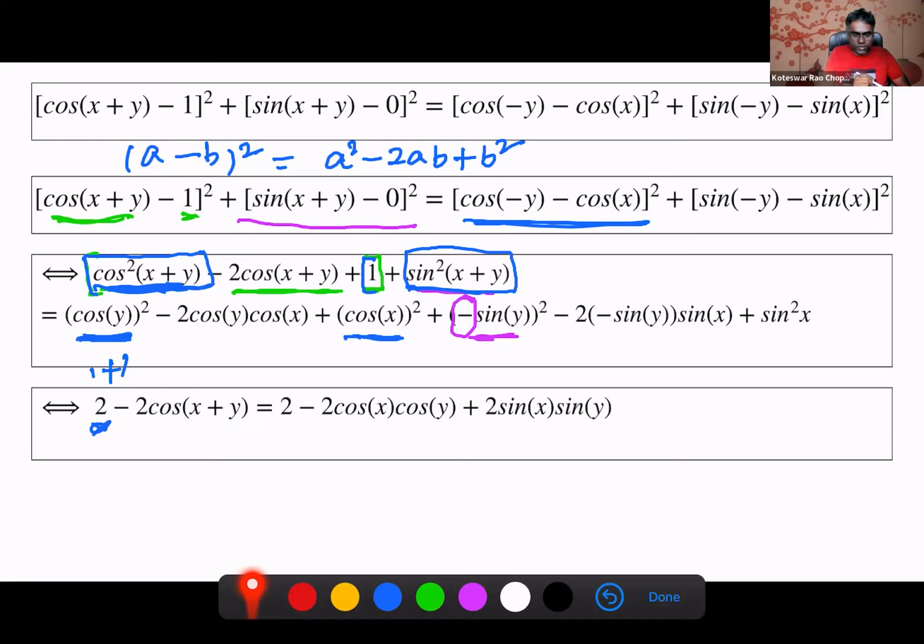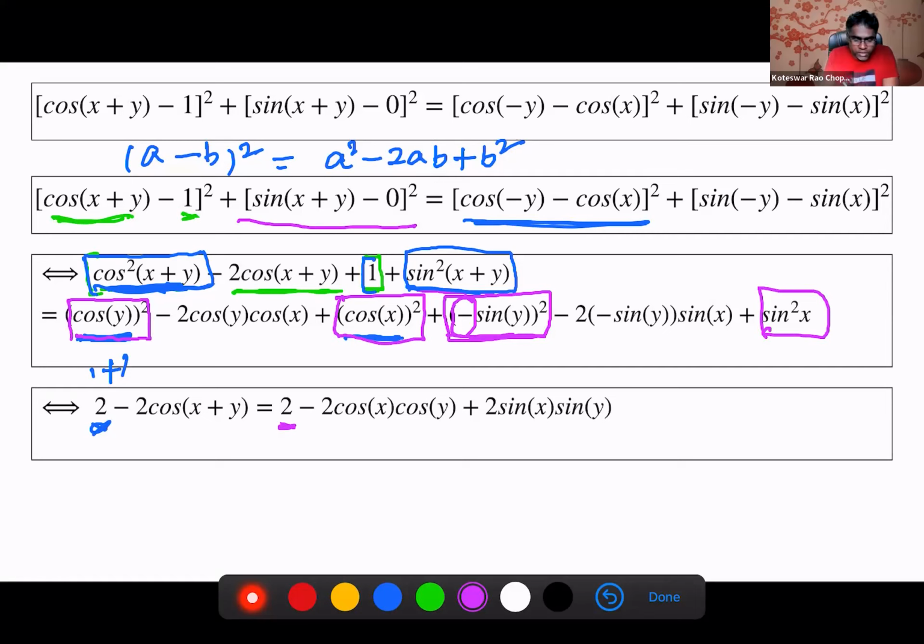Now go to the right side. We have cos square y, and then if you square, this minus will become positive, so there is a sine square y, and that will become 1. And then you have cos square x and sine square x, so that will give you 1. So that is where you have this 2. I hope this is clear.